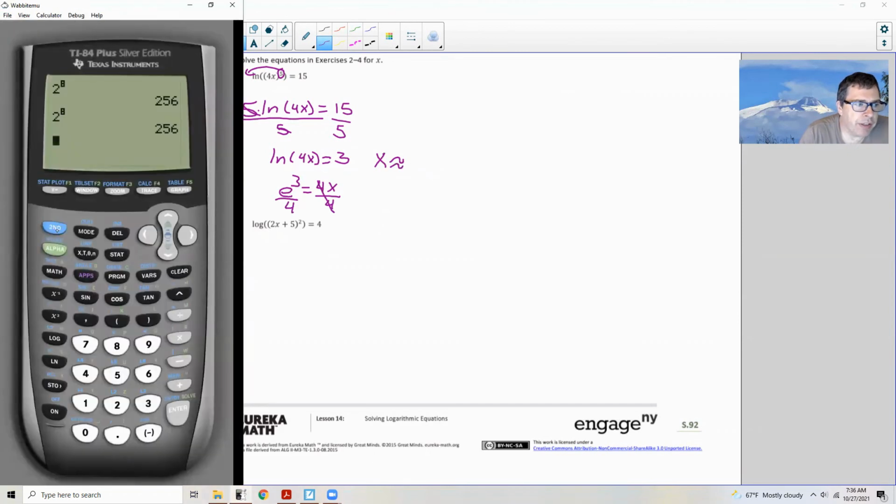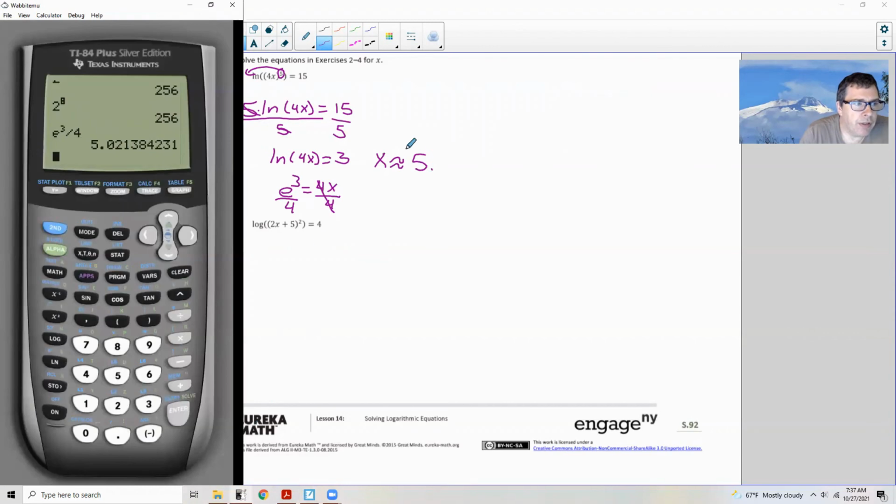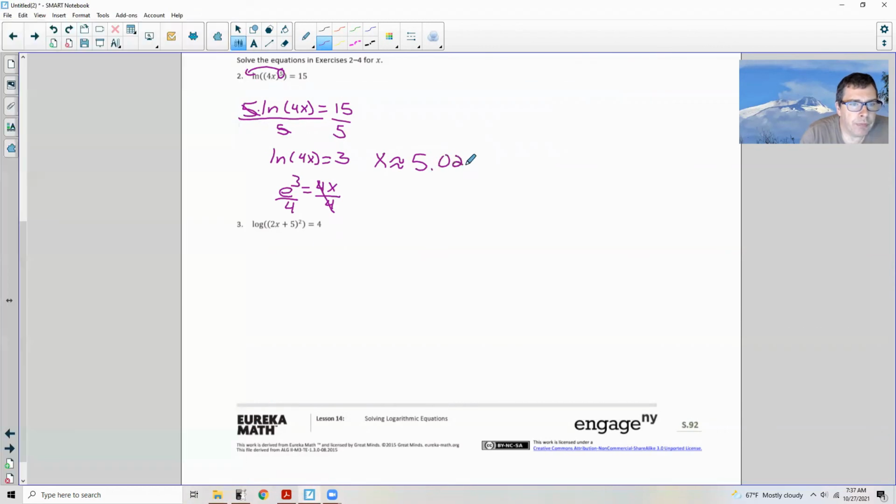If I use my calculator, second natural log is e to a power, e to the third divided by 4 equals approximately 5.0214. Okay, so there's our approximate value, 5.0214.